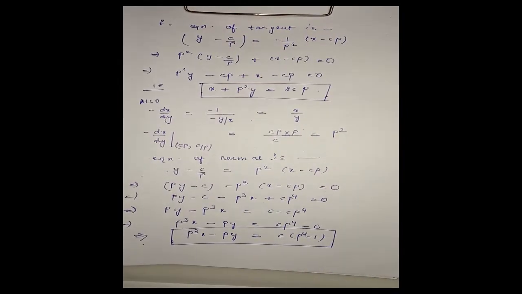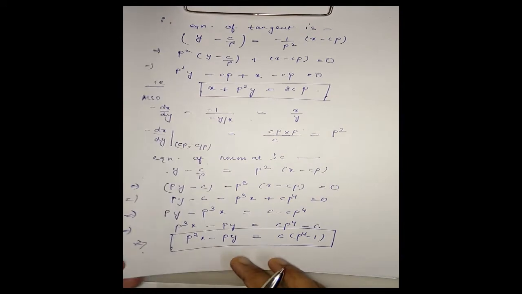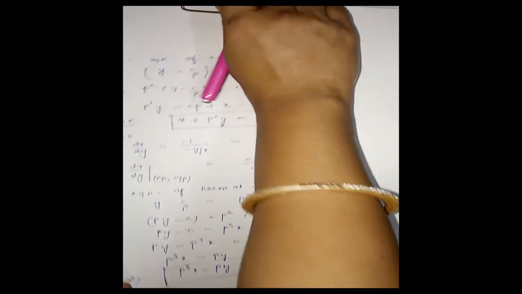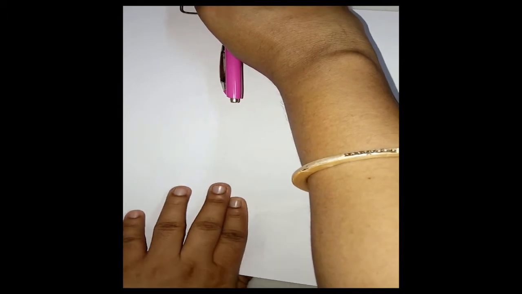Okay, this is how we have to find the equation of normal and equation of tangent at a given point. Now let us consider the next example.